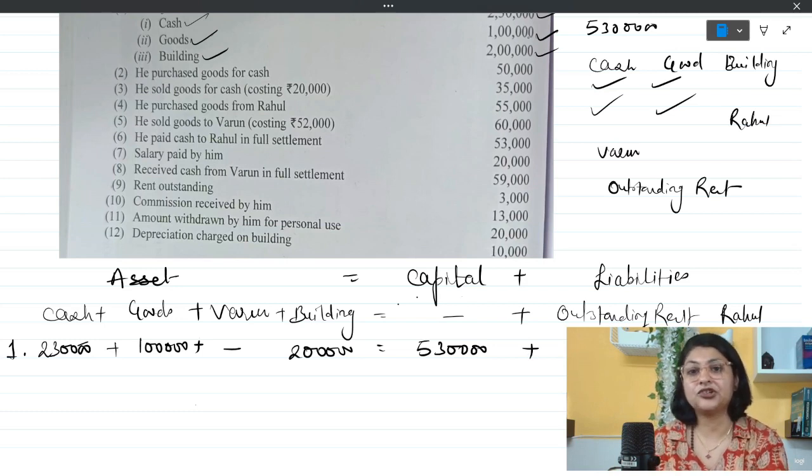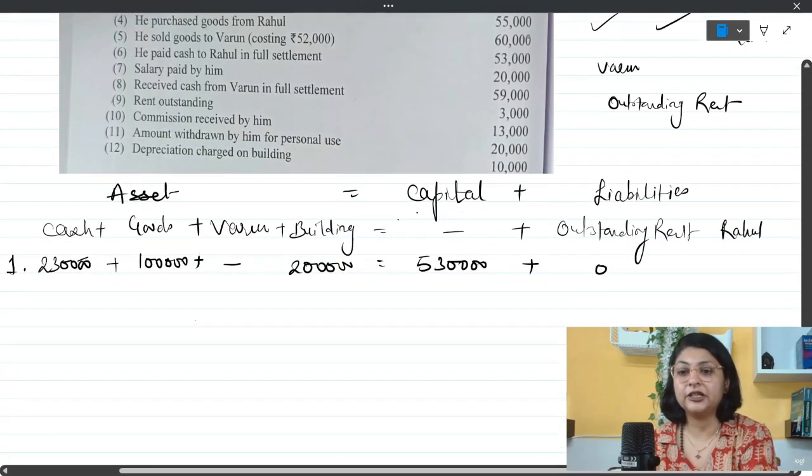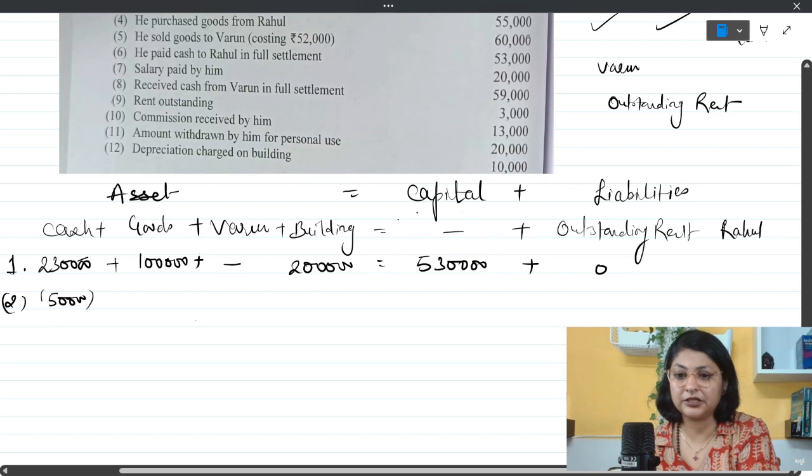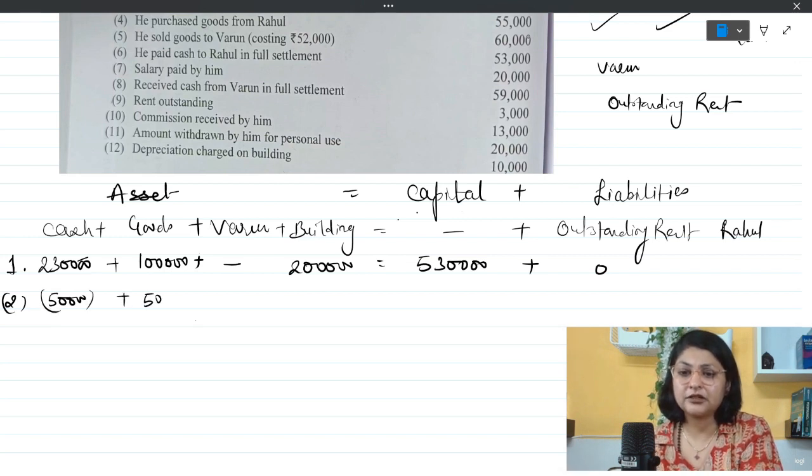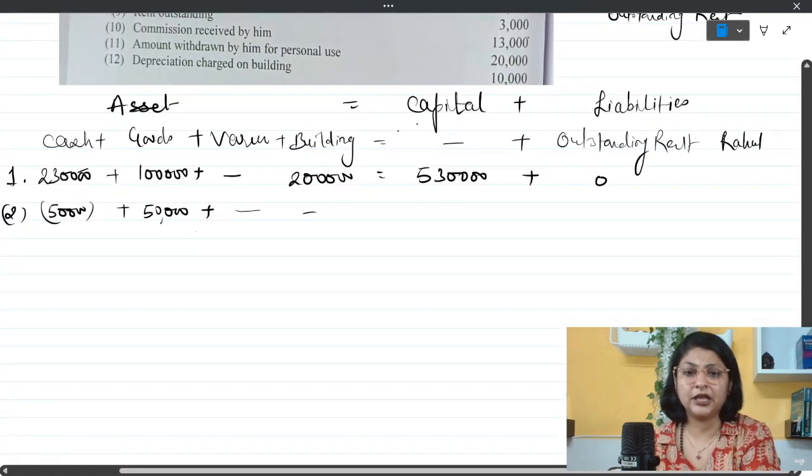Now the second transaction: he purchased goods for cash of rupees 50,000. Whenever there is a cash purchase, obviously cash will be reduced. 50,000 will be reduced from cash and 50,000 will be added to goods, and the remaining things will remain unaffected. Nothing will happen to the other places.